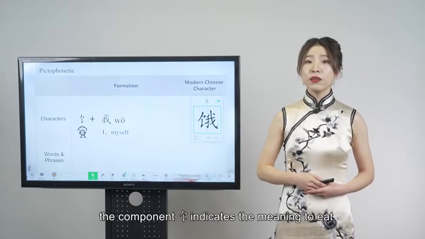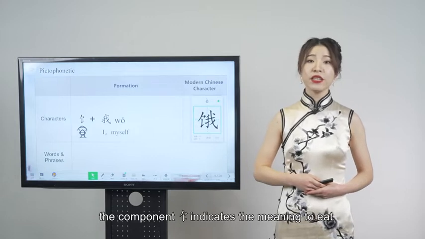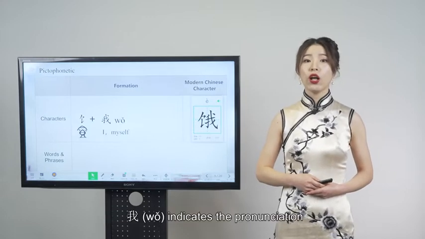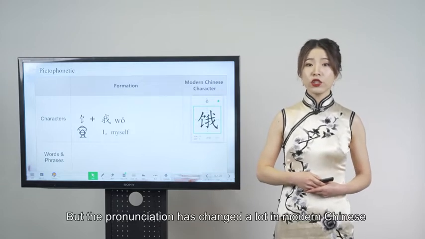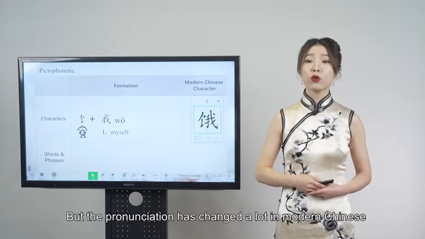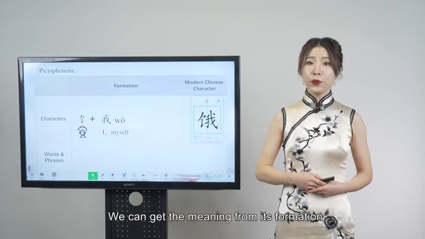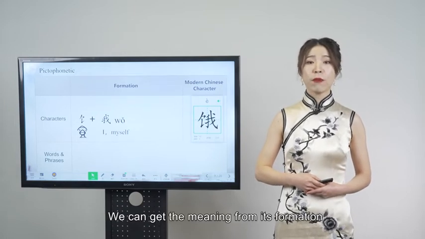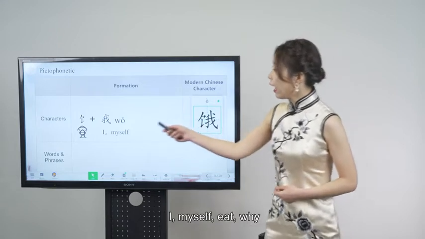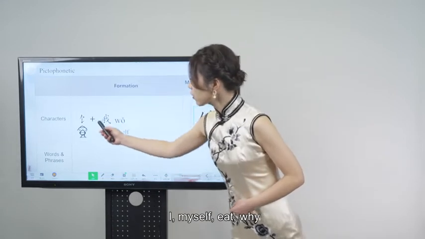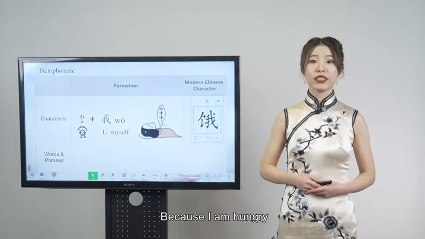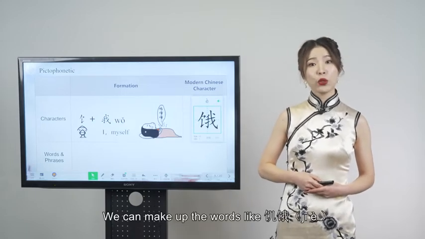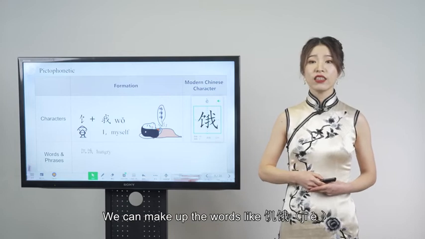饿, the component 食 indicates the meaning to eat. 我 indicates the pronunciation, but the pronunciation has changed a lot in modern Chinese. We can get the meaning from its formation. I myself eat. Why? Because I am hungry. We can make up the word like 饥饿.